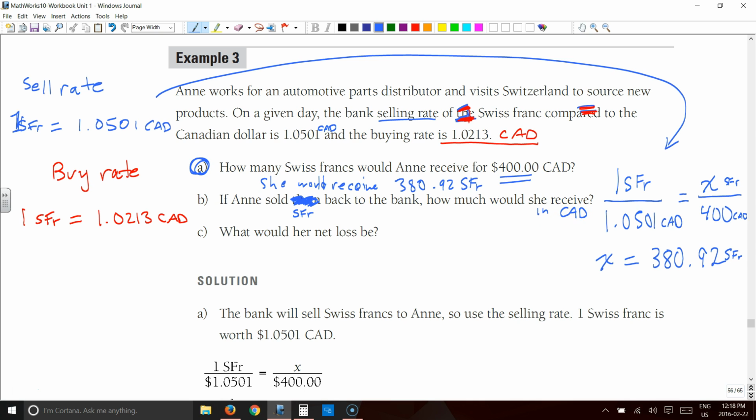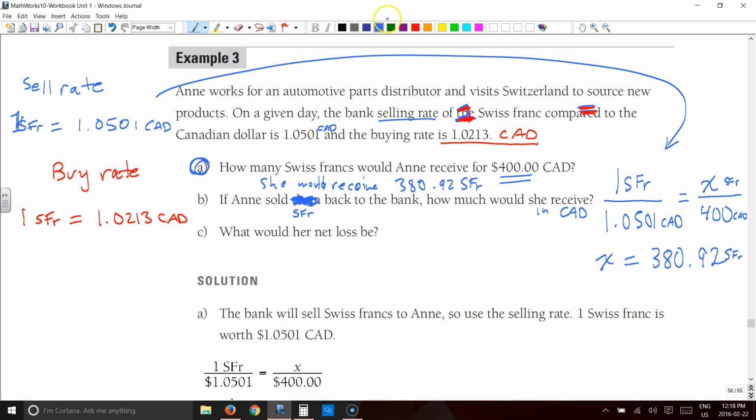That makes more sense to me. So, which rate is it going to be? Well, if she's selling Swiss francs, then what is the bank doing? Well, these are the Swiss francs buying and selling rates. We've written them down as a conversion rate. I would say that the bank is buying Swiss francs from her. She's selling Swiss francs and the bank is buying them.